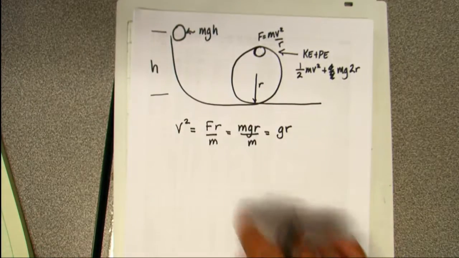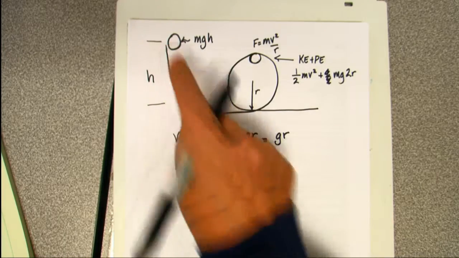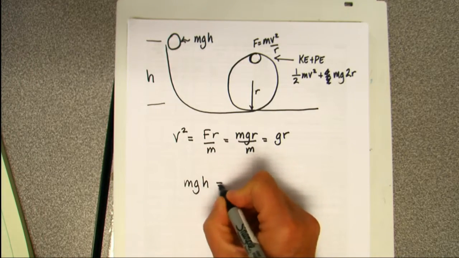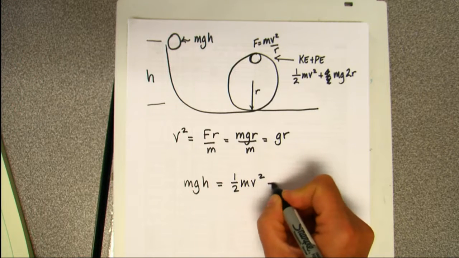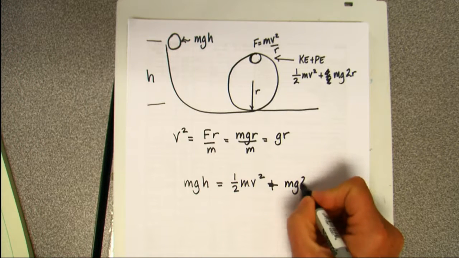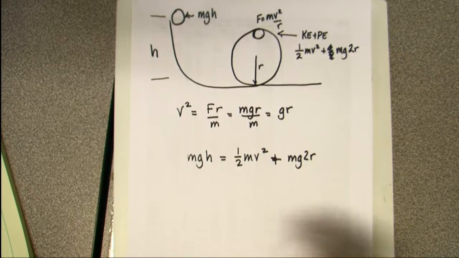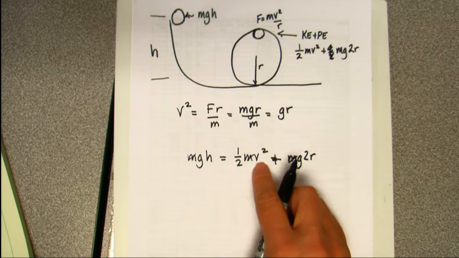So using my conservation of energy, mgh has got to equal 1/2 mv squared plus mg2r. The m's all go away. I'm going to solve for v squared.